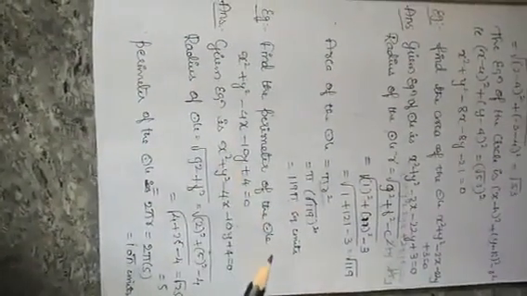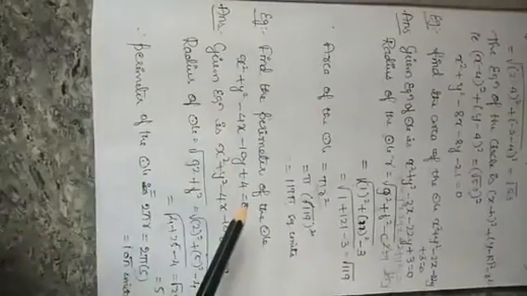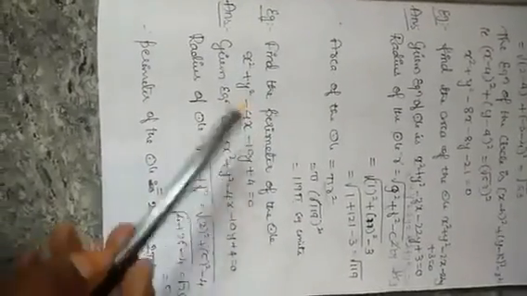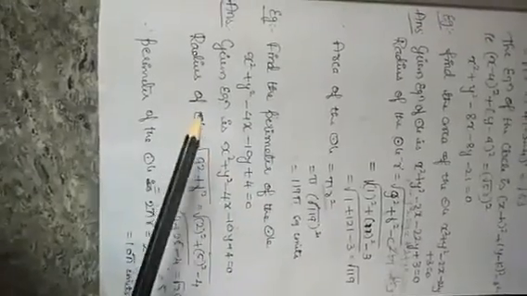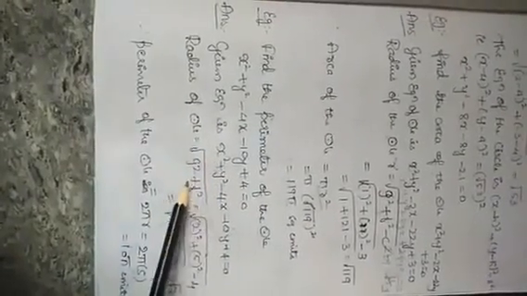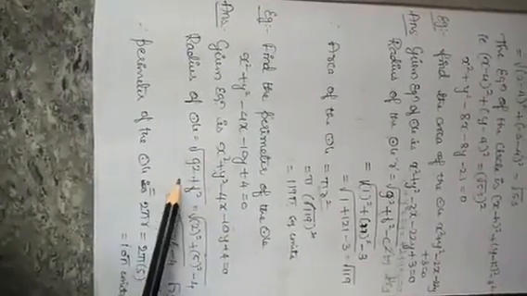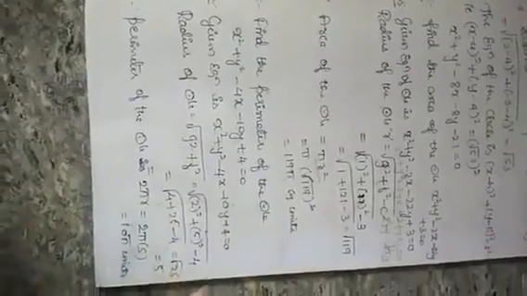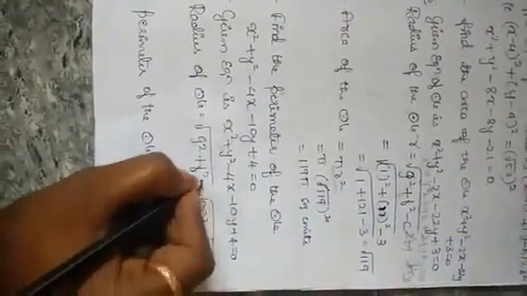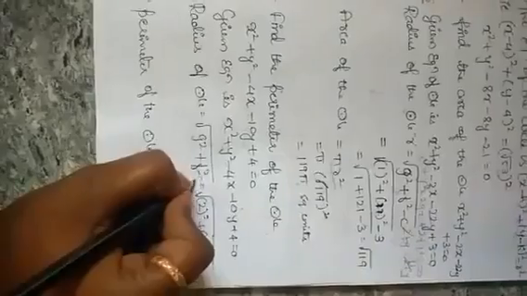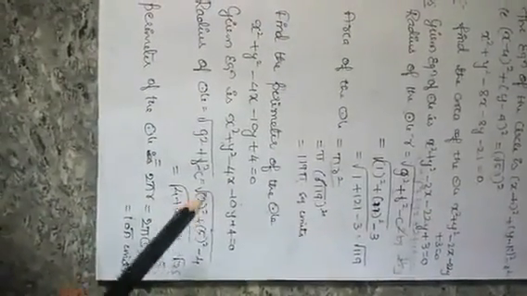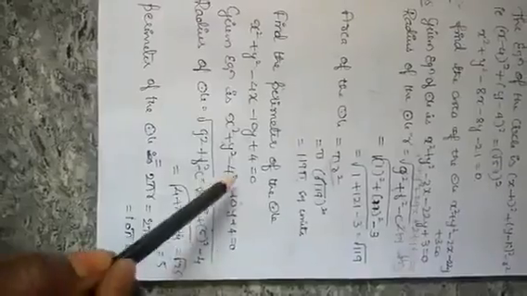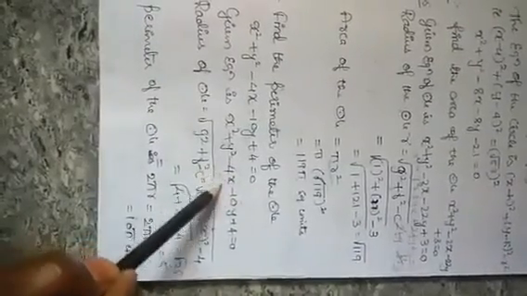Next, here is the example on the perimeter of the circle. This is a given equation of the circle. Compare this given equation with the standard equation. First find the radius of the circle, which is equal to root of g square plus f square minus c. I forgot to write here, this is minus c. Here the value of this becomes 2gx.